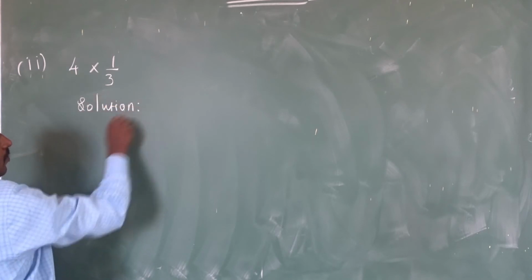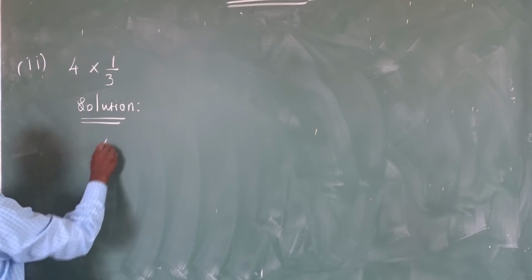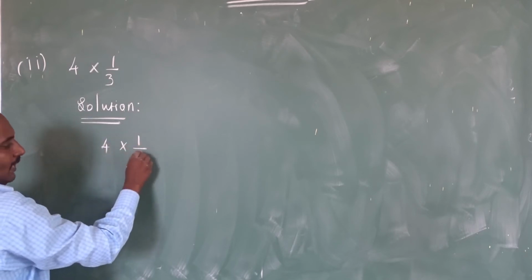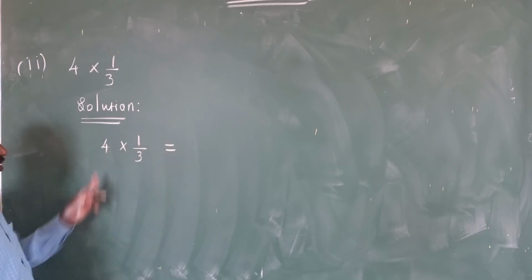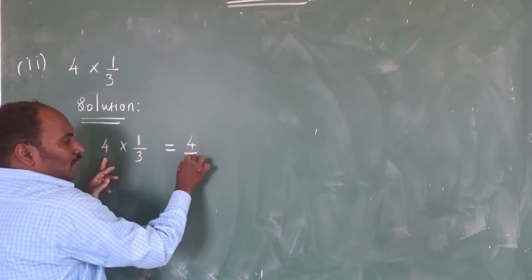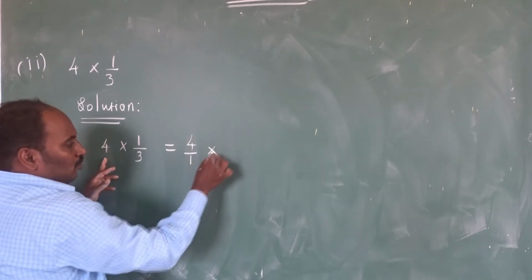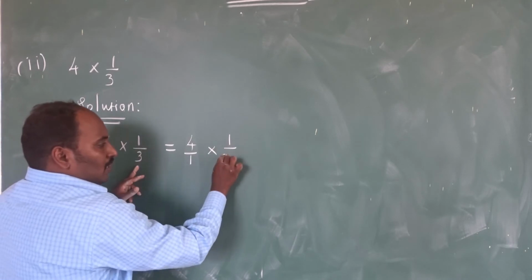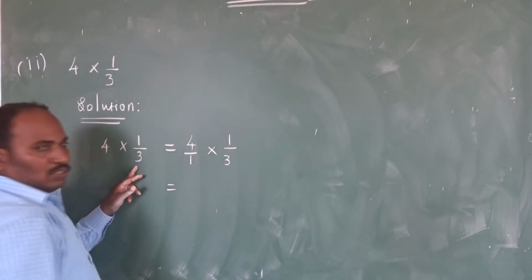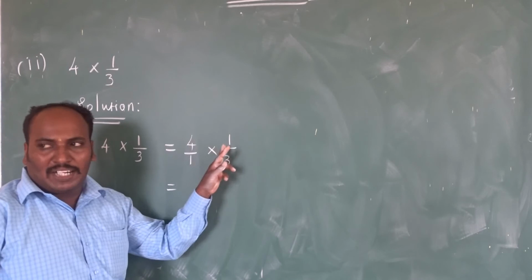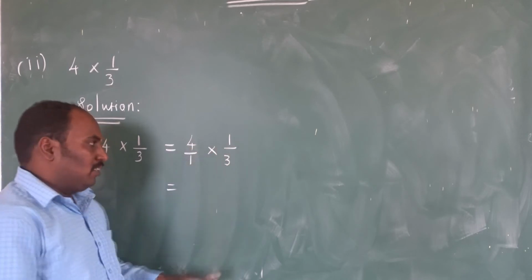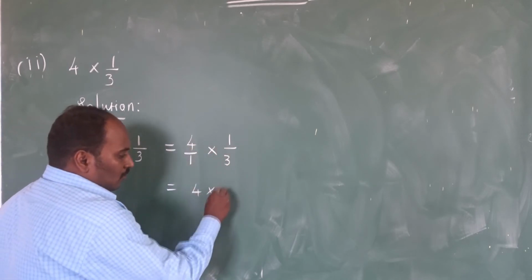Solution. 4 into 1 by 3 is equal to 4 divided by 1 into the second part 1 divided by 3. We multiply the numerator first, 4 into 1.